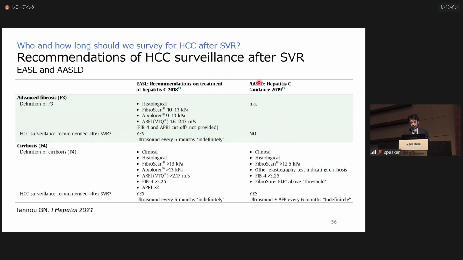However, in the AASLD guideline, surveillance in F3 patients is not recommended, and only for F4 patients, surveillance with ultrasound plus or minus AFP every 6 months is recommended indefinitely. The fibrosis stage is recommended to be evaluated using FibroScan or other non-invasive tests.